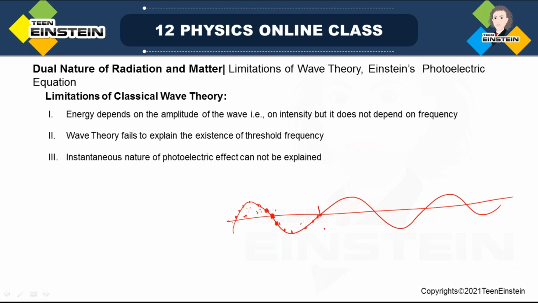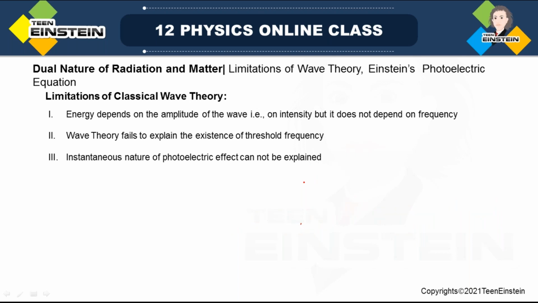If there are more electrons, the energy will be equally distributed over the space, and hence a particular electron may not have energy sufficient to overcome the work function. I'll repeat it.